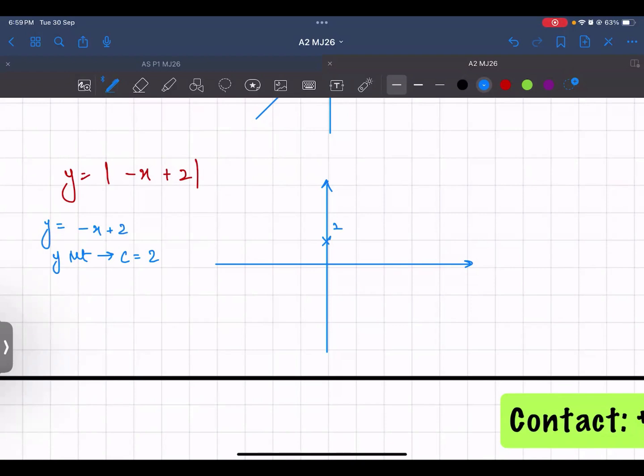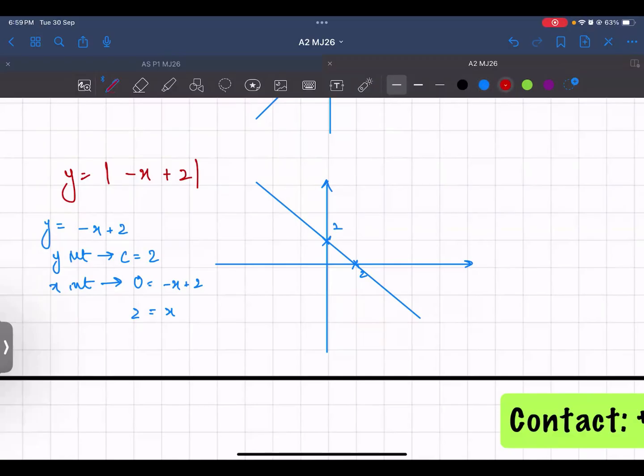And then your x-intercept. Your x-intercept will be when your y is 0. 0 is equal to minus x plus 2. So x is equal to 2. So your line right now is passing like this. Right? Because you have the x-intercept, you have the y-intercept. And without the modulus, this will keep on going downward as well, in the negative y as well.